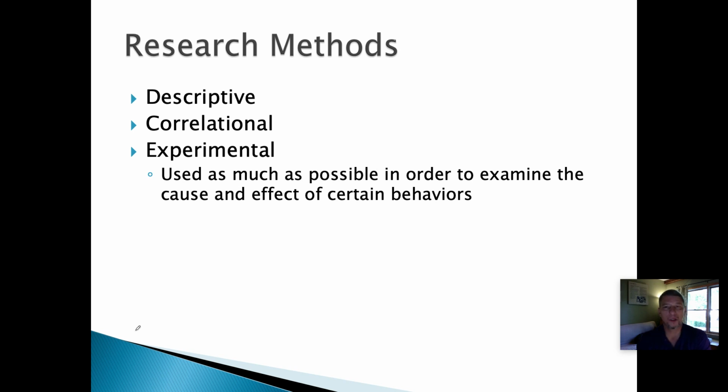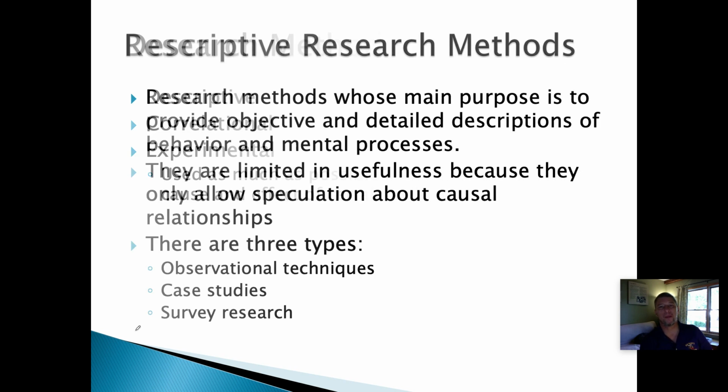All right, correlational data might be looking at the relationship between income and the size of your home. Okay, it might look at the relationship between the height of a person and the weight of that person. All right, those are correlational studies, and again, there's no real manipulation occurring here.